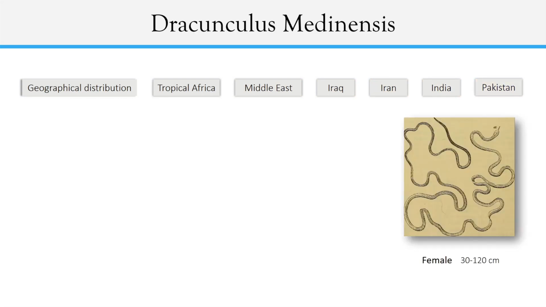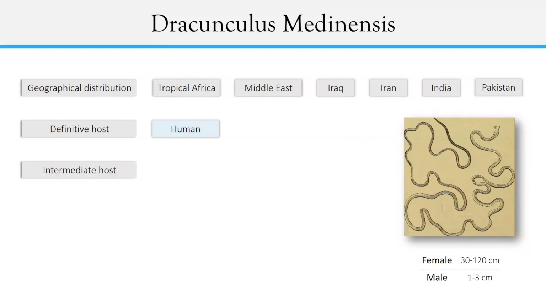This is a schematic illustration of the female of Dracunculus medinensis, and you may see that this is quite a long parasite that may reach 120 centimeters. At the same time, the male worm is quite short. Definitive host of Dracunculus medinensis is human, while intermediate host of this parasite is the freshwater crustacean cyclops.